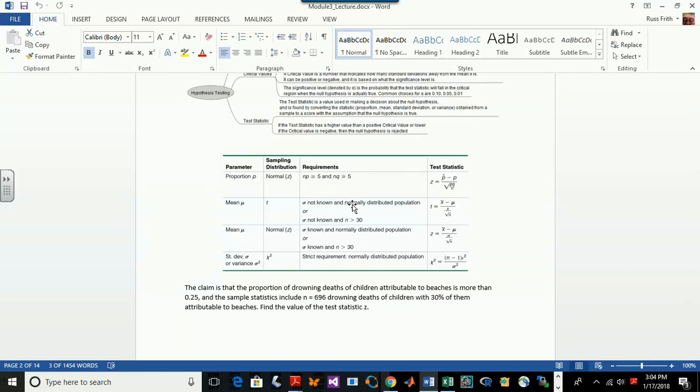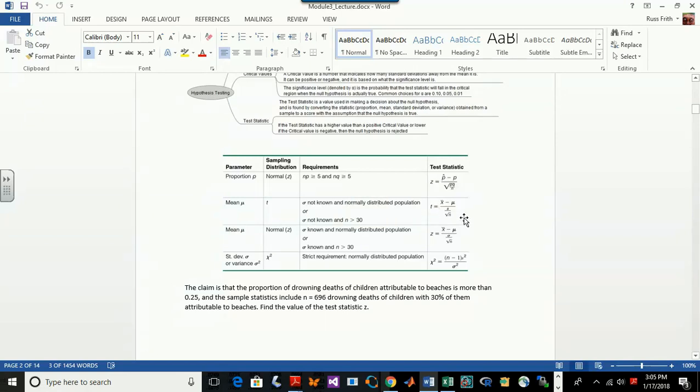I believe there was a note in the book that if there's no mention of a parameter being normally distributed in a problem, then you can make that assumption. In almost all of these problems, except for proportions, you can assume that the population parameter is normally distributed, unless it says otherwise. So we have to use the T statistic because we don't know sigma.